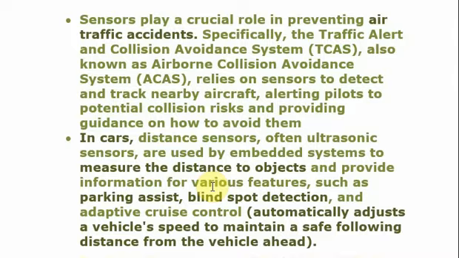In cars, distance sensors play an important role. They measure the distance to the object and assist with many things: parking assistance, blind spot detection when you are reversing, and adaptive cruise control, which automatically adjusts vehicle speed to maintain distance.